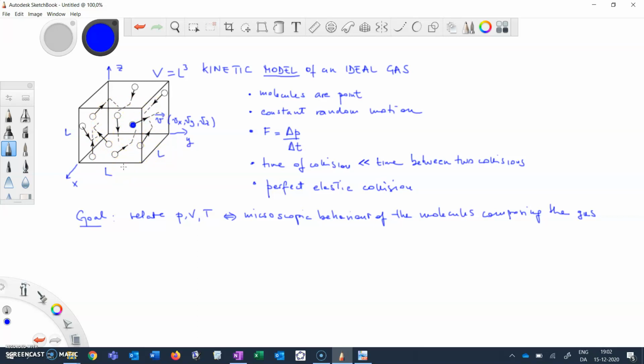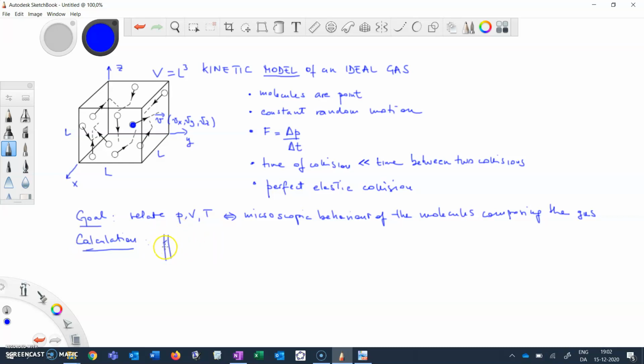Okay, so the calculation starts like this. First of all, I need to consider a wall of this box.